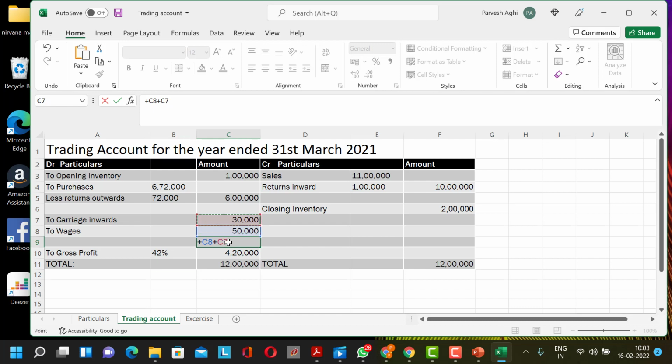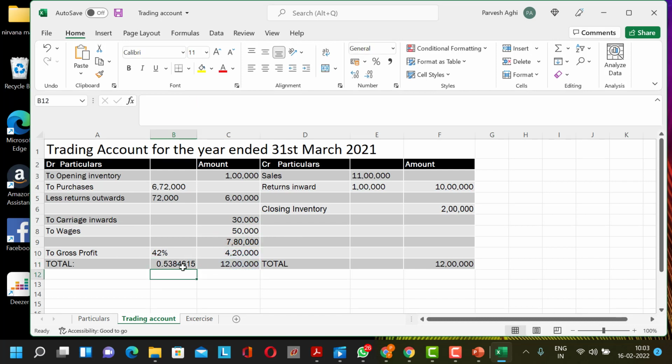So just total, and this comes to 7,80,000. So your gross profit margin on cost will be this divided by this, which you can make the total of this also. Okay, so you can just put it there, and this also you can make here. So this is your gross profit on cost. This is the profit on sales. So cost is better. Okay, so you can just shift this also there.